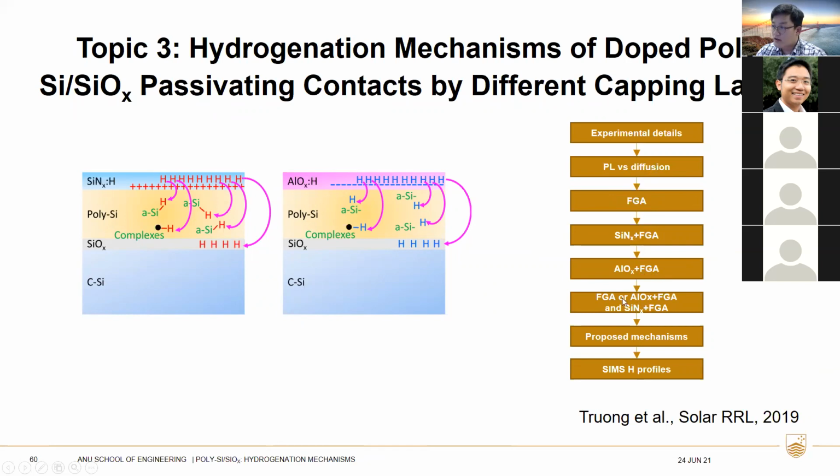Then we will study the effects if we deposit silicon nitride or forming gas on samples pre-hydrogenated by forming gas or alneal, and we come up with some proposed mechanisms and verify the result by SIMS profiles.